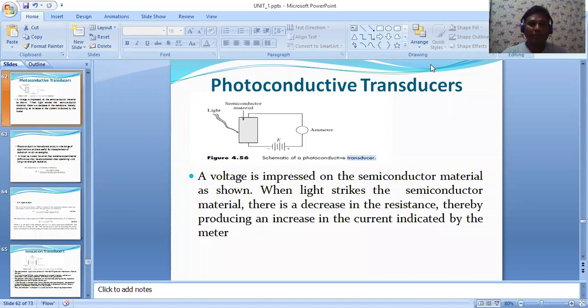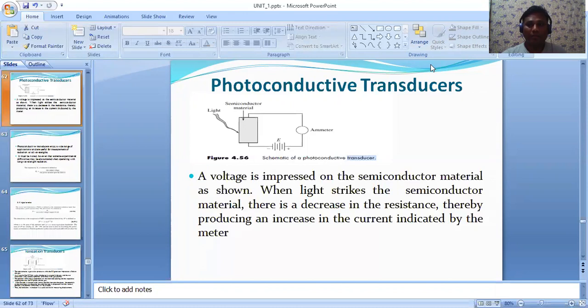Normally, photoelectric transistors means we give the input, which is the light source, to the semiconductor part. Then we get the output in electrical form.